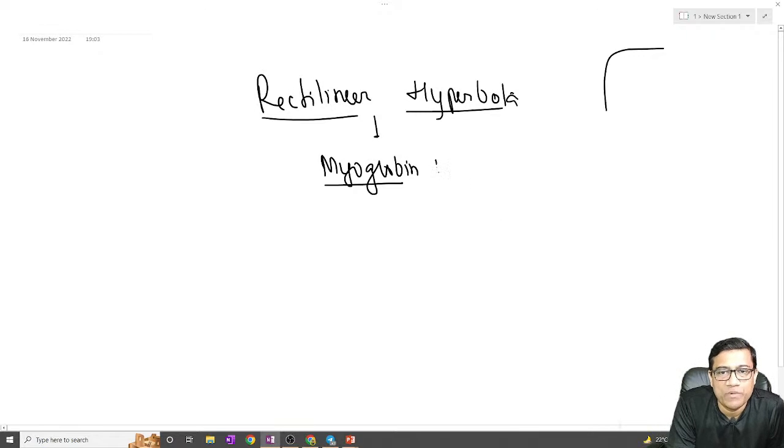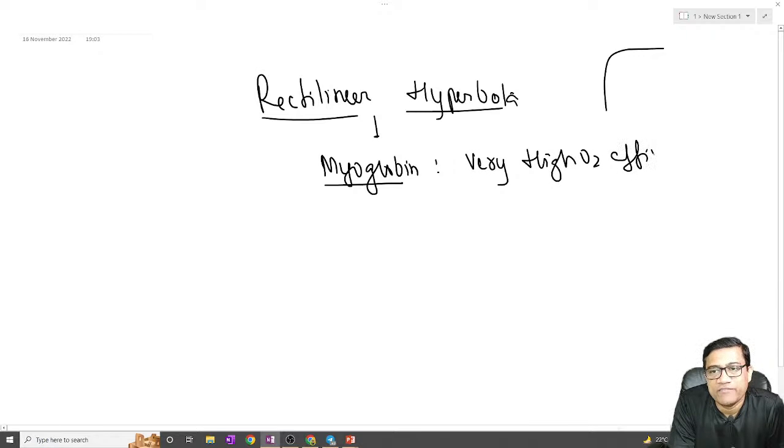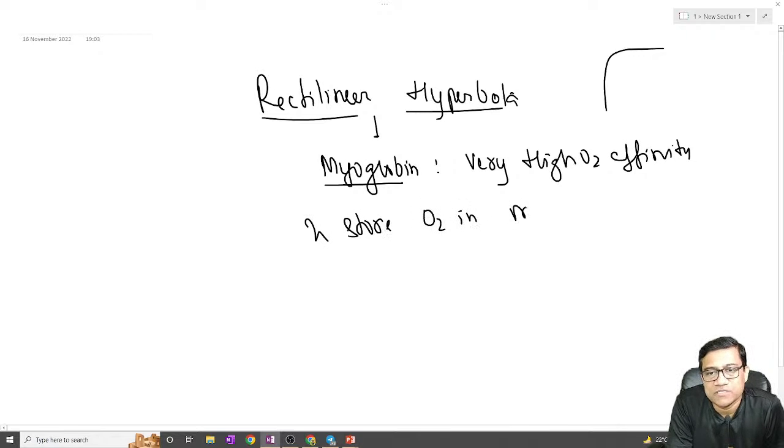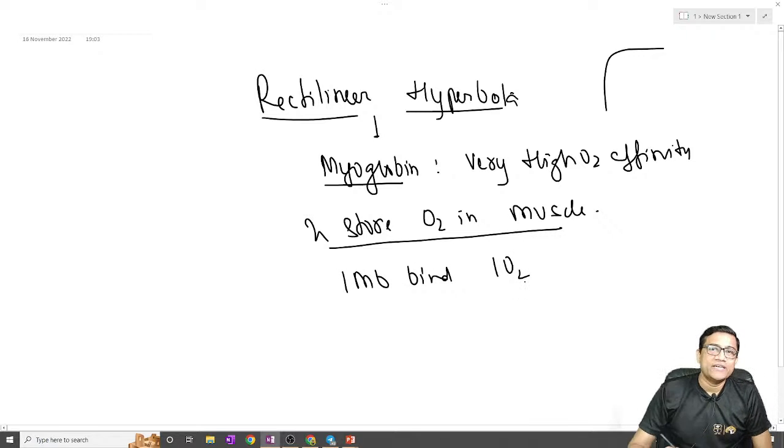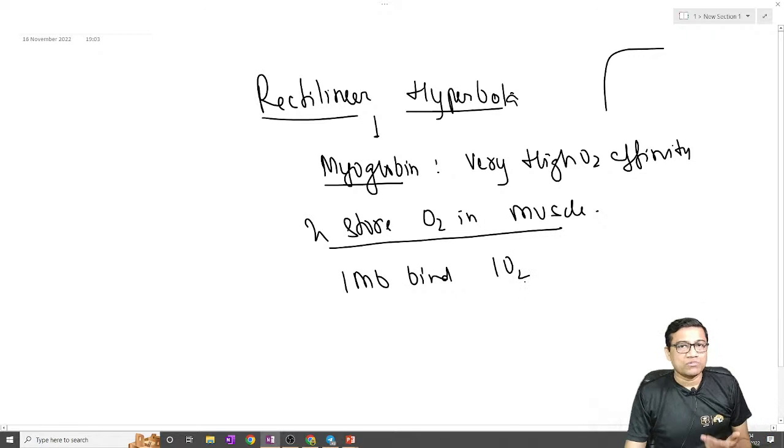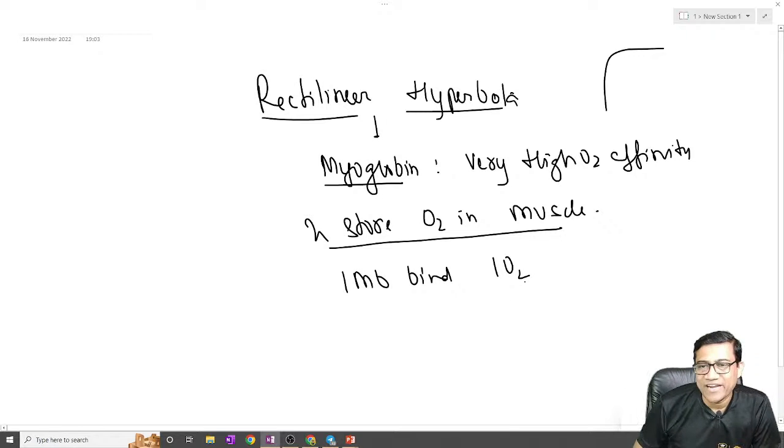Myoglobin has very high oxygen affinity and stores oxygen in muscles. One myoglobin binds one oxygen. That's why it is not a sigmoidal curve. It is a rectilinear hyperbola.